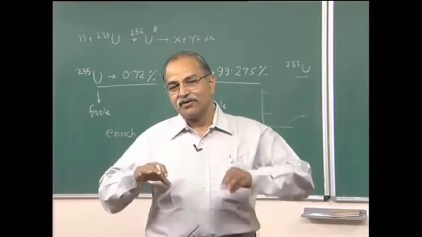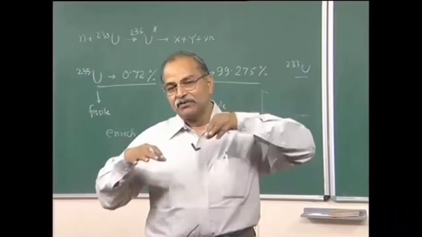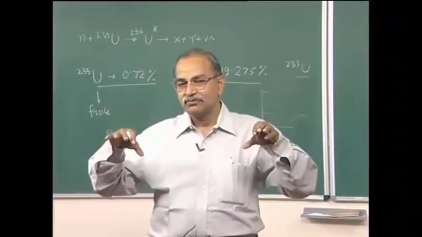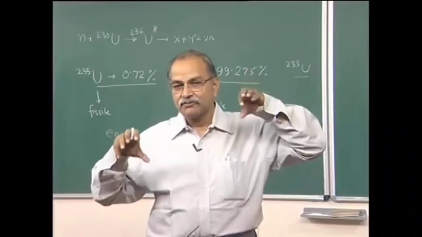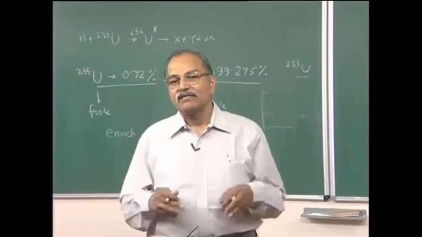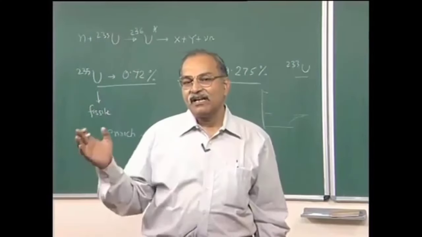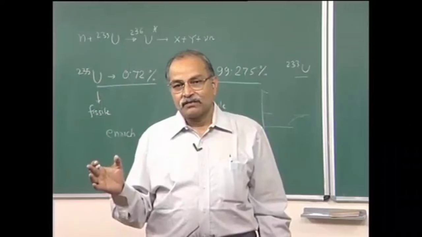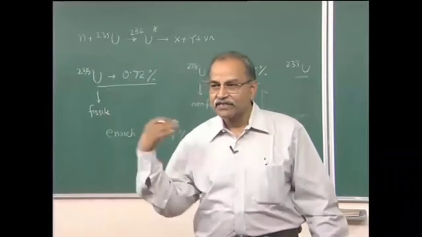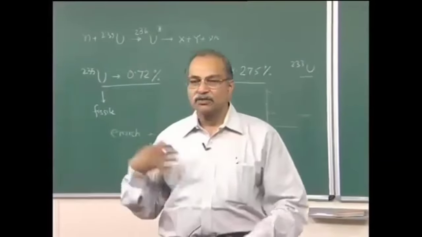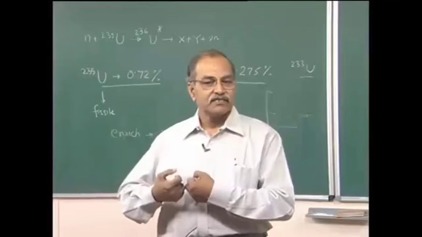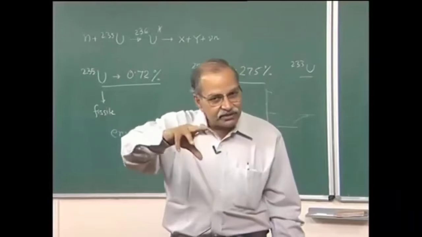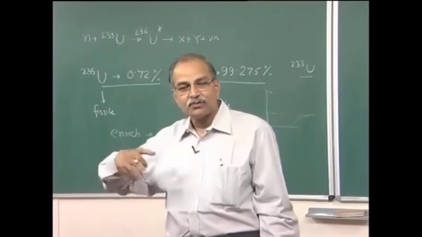So, we depend on the mass difference. This is U235 and that is U238. The masses of those molecules will be different and the diffusion rates will be different, and that is how some of this can be separated out. Or you can centrifuge these things, so that because of the mass difference they will be separated. So, some uranium 238 is to be removed.